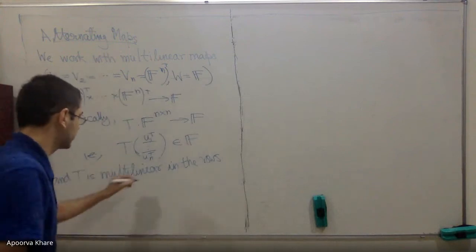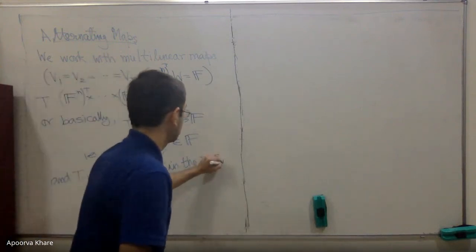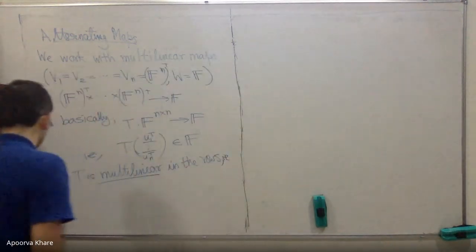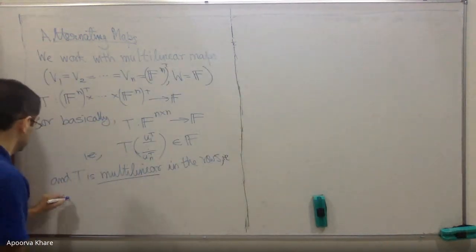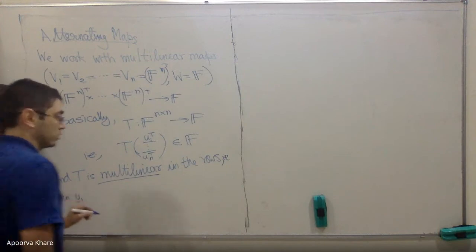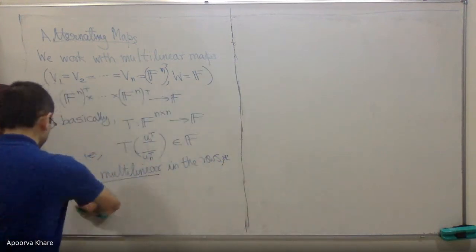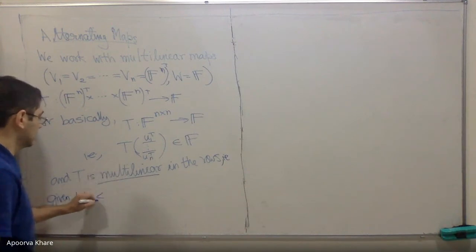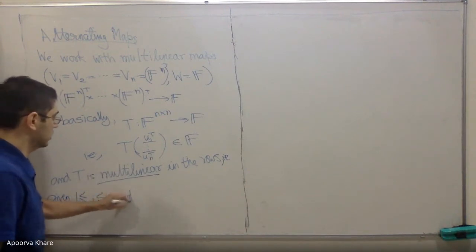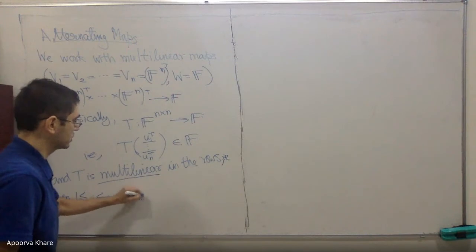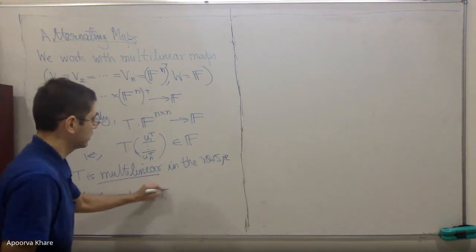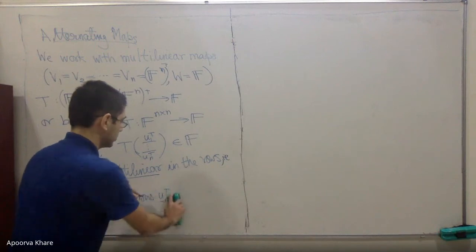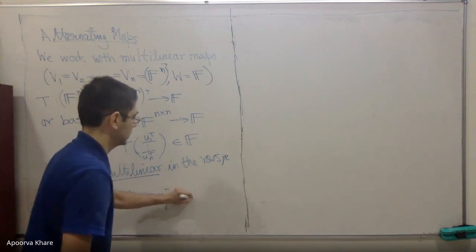So T is multilinear in the rows, i.e., given, first of all, fix a row, let's say I fix the ith row, and rows uj transpose for j not equal to i.